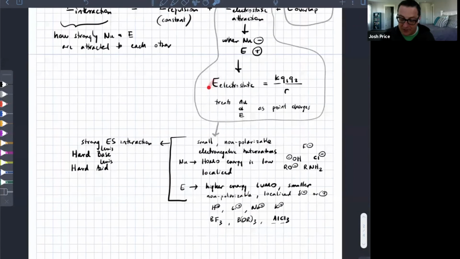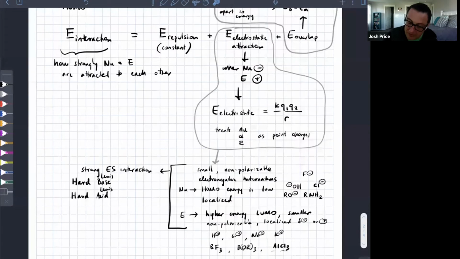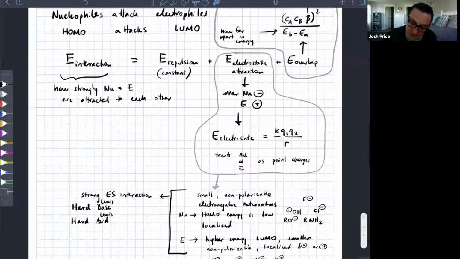Okay, so the reason that hard nucleophiles and hard electrophiles work and prefer each other is because their electrostatic interaction is strong, whereas for the overlap term, think of it this way: the difference in energy between HOMO and LUMO is likely to be quite large for these hard acids and bases, so the energy of interaction will be small.